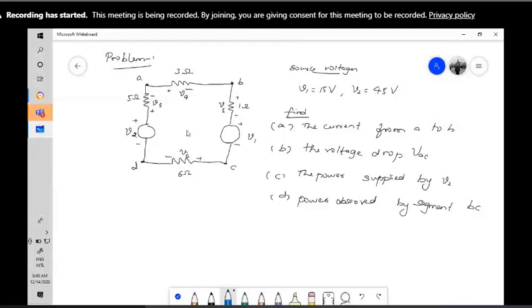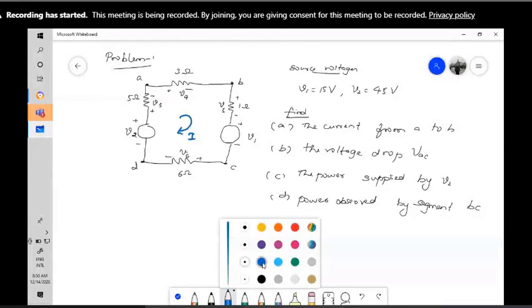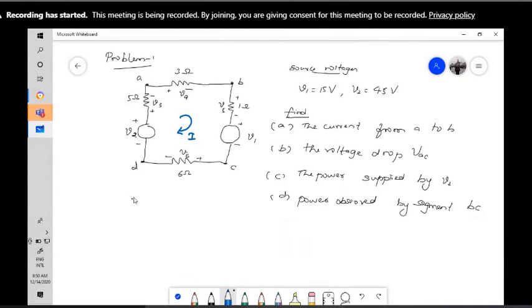Let me assume a loop current I, and I will be traveling along this particular loop, maybe starting from V2, and apply Kirchhoff's voltage law as we have done moments before.